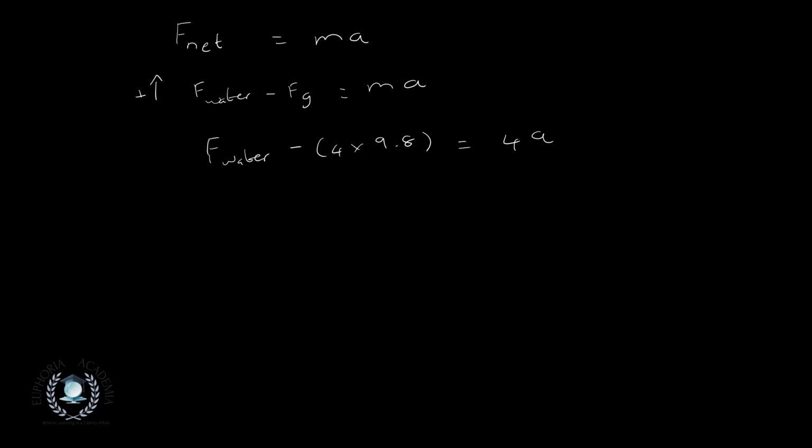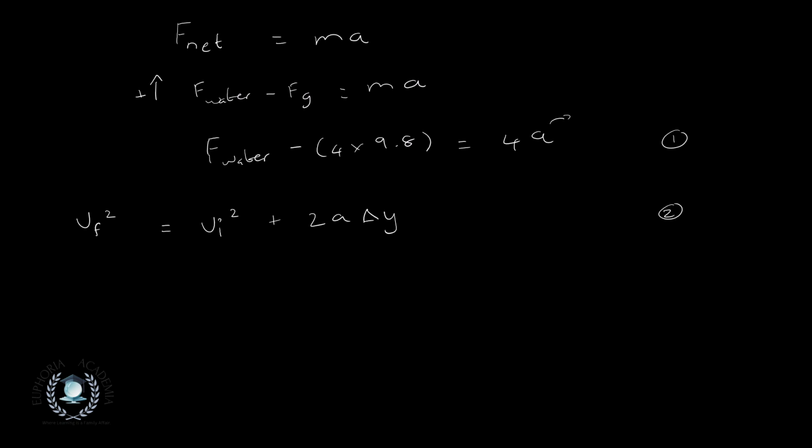So we're going to use our kinematic equation, where Vf squared is equal to Vi squared plus 2a delta y, because we're trying to find our acceleration so that we can substitute it into the first formula. We'll call that equation 1, and this will be equation 2, so we can find our force of water.